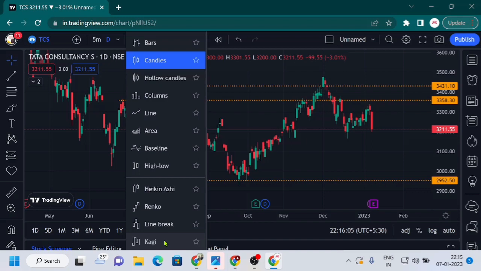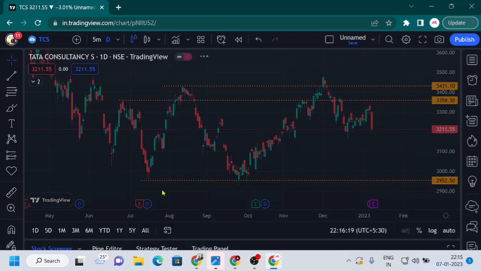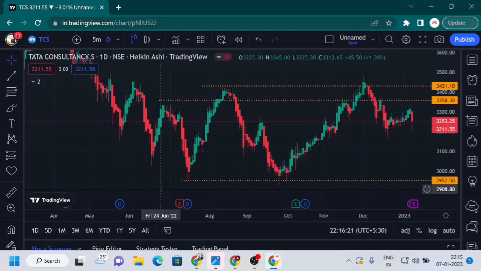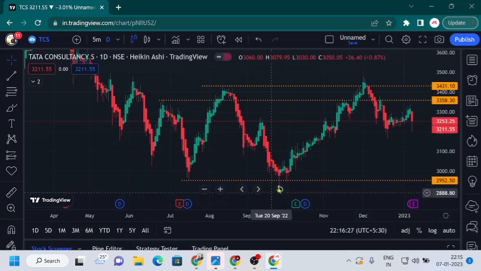Now we are here and we are selecting the candle Heikin Ashi. That is this candle, which I am going to explain in detail. Now we have selected this candle and we are going to apply the Heikin Ashi candle and find the difference between the normal candlestick and the Heikin Ashi candle. Now you see here in this point you are taking the trade.